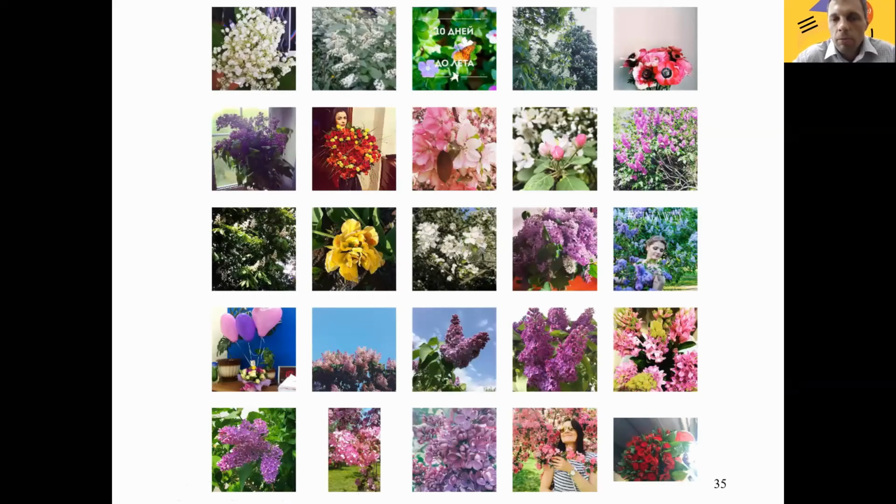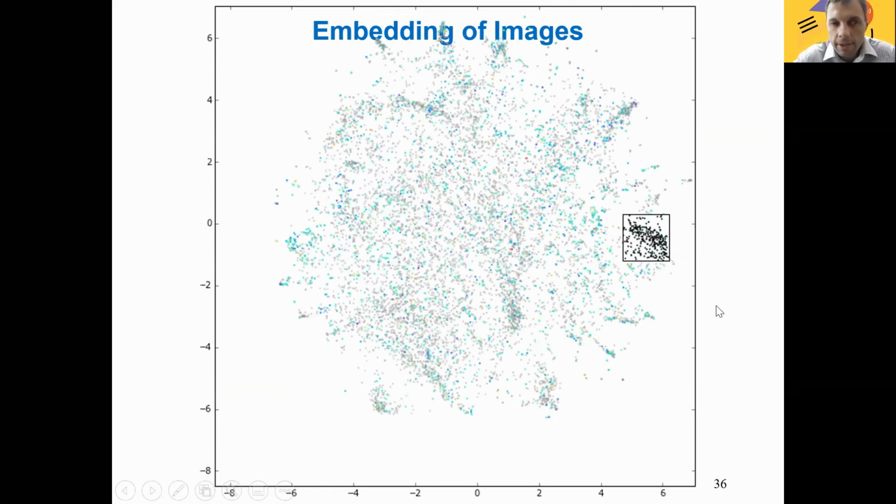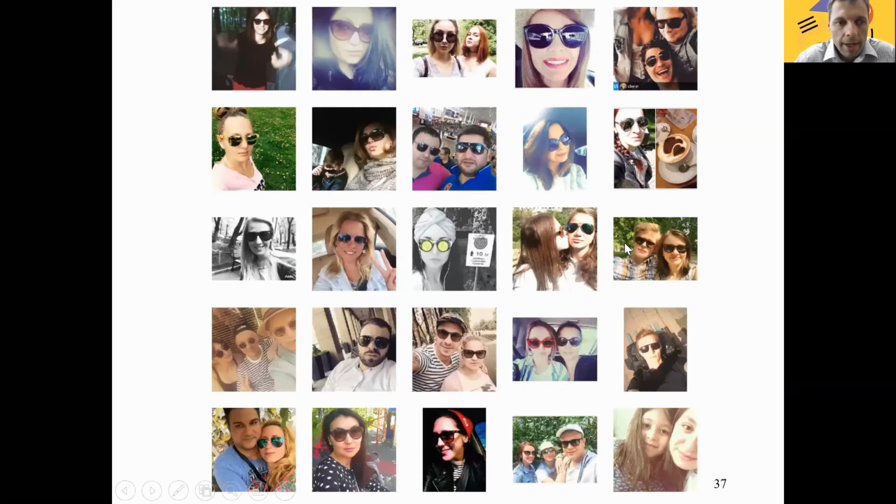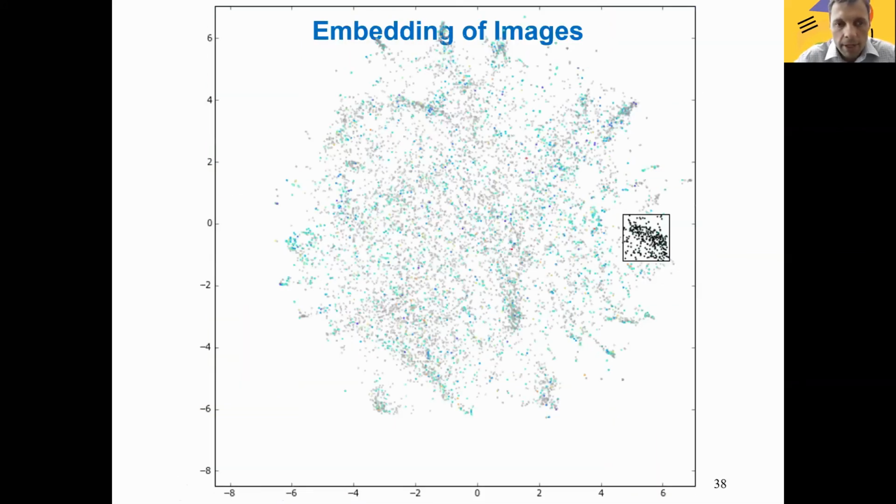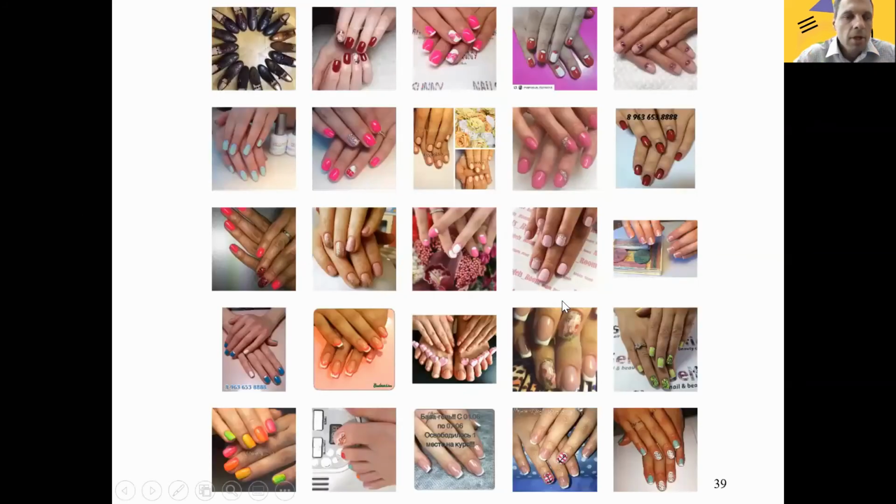All points which are close correspond to flowers. Let us look at another part of this cloud of points, and in this case we get people who wear glasses. And if we look at some other parts of this cloud of points, we get nails.